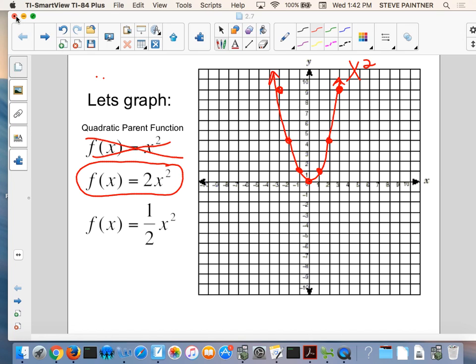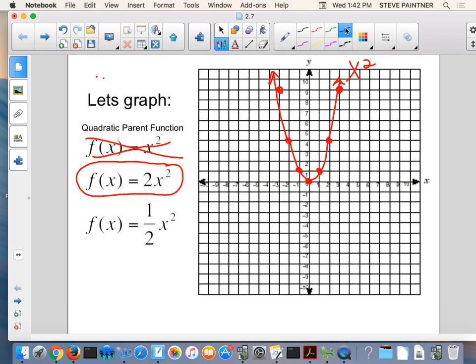What does 2x squared look like? Over 1, the parent goes up 1, you're going to go up twice as high. What are you going to go up to? 2. Okay? Over 2, the parent goes up 4. You're going to go up twice as high. 8. And by the way, what happens to 0, 0? It stays.